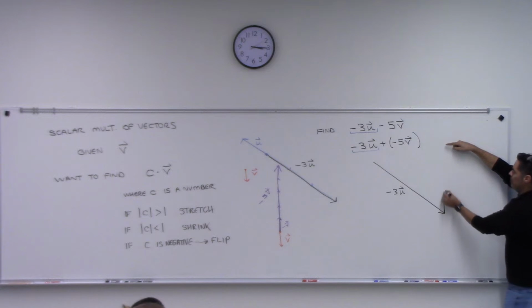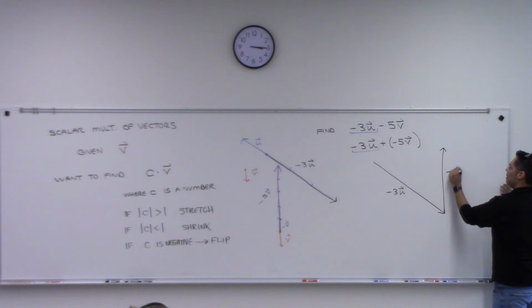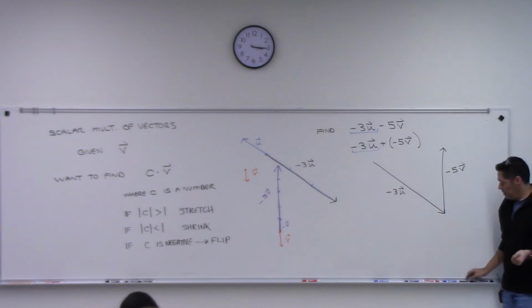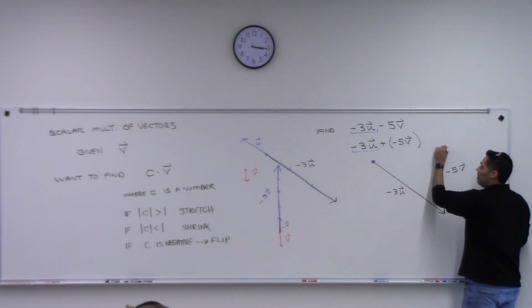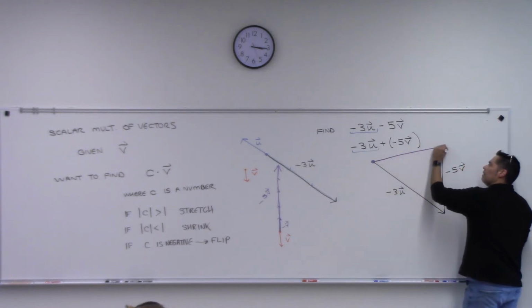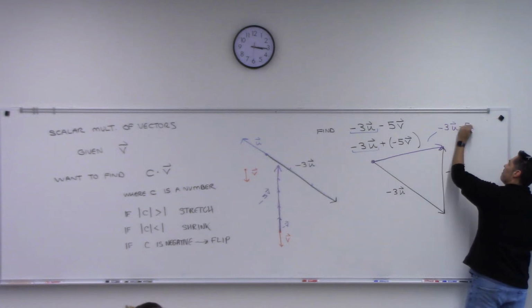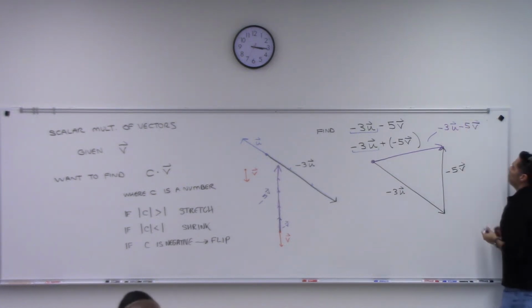That vector from here to here, roughly, that's negative 5v. And so the answer is what you get when you start here and end there. That is the vector negative 3u minus 5v. Getting a little bit lazy with that.